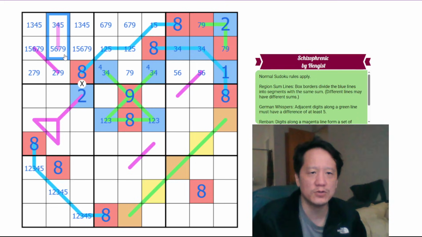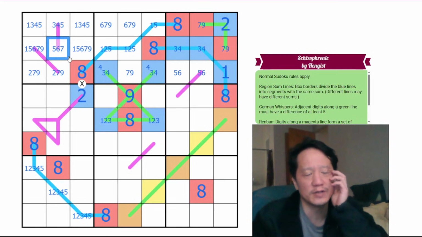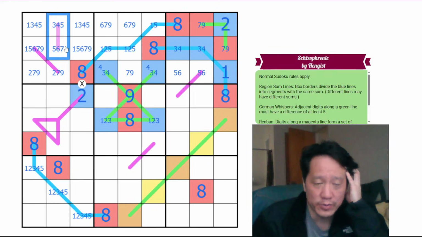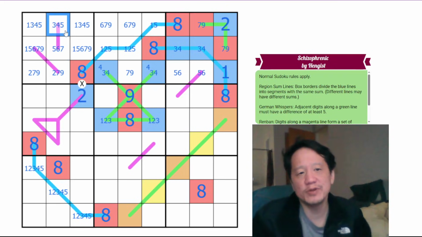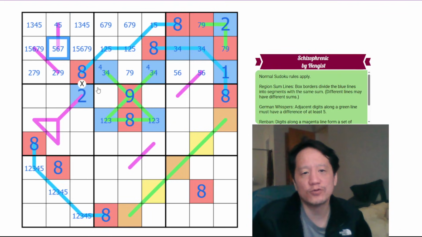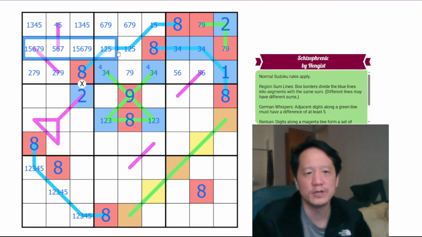And 1 can only be consecutive with 2. 9 cannot be here because you have the same problem. 9 can only be consecutive with 8. So this can't be 3 because it would need 4 or 5 there, or 4 and 2 there, and 4 can't be there and 2 can't be there.